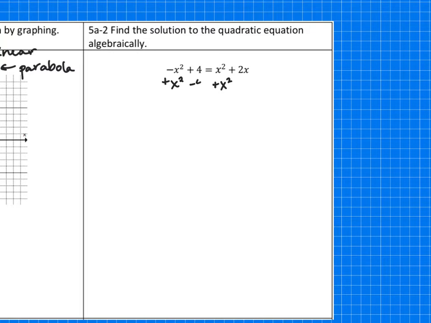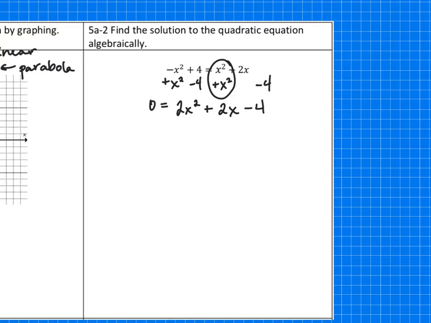And then I also want to get rid of that 4, so I'm going to subtract 4. I'm going to put the -4 over here because it can't be combined with either the x squared or the 2x. So what I have now is 0 equals x squared plus x squared, that part right there, 2x squared, plus 2x minus 4. And there's my full quadratic.